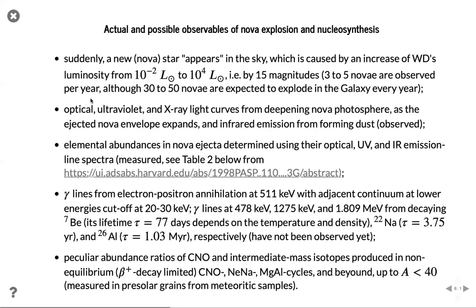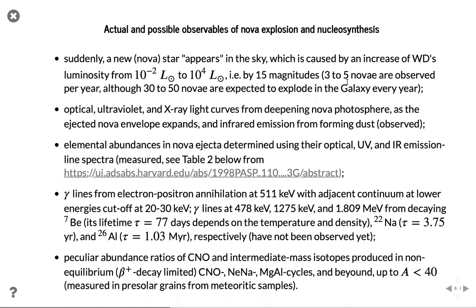actually observed per year. Okay. This doesn't mean that in our Milky Way galaxy, 3 to 5 novae explode per year, because many novae belong to population 1, the young stellar population of the Milky Way galaxy. So therefore, they are located in the galactic plane where there is a lot of dust, and therefore they are obscured by the dust.